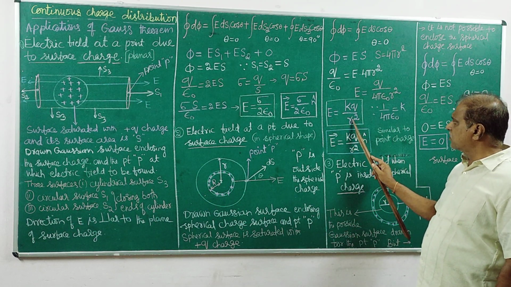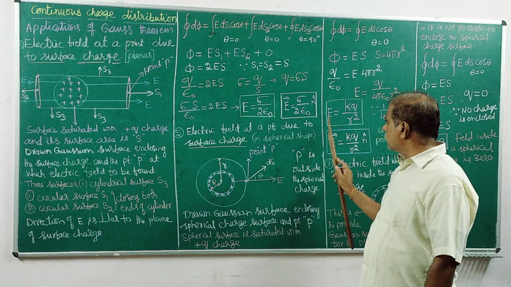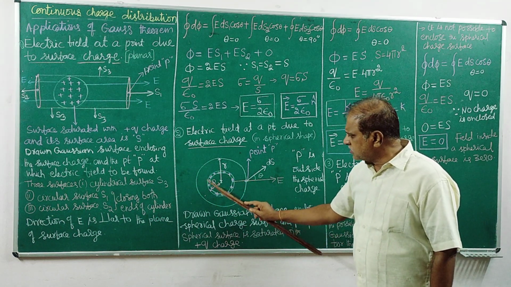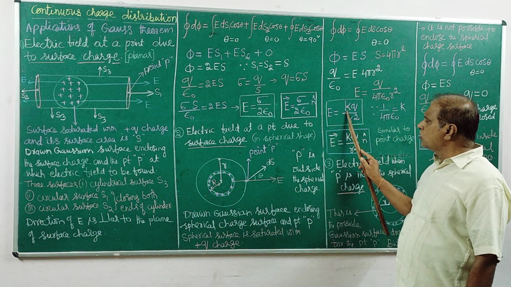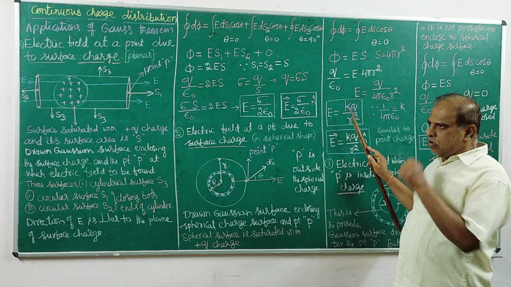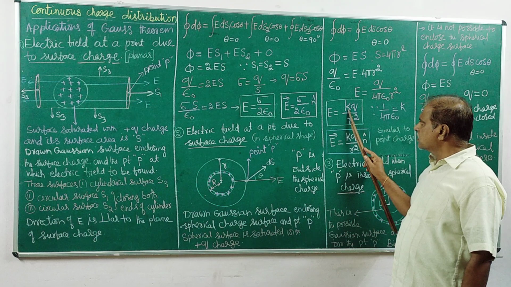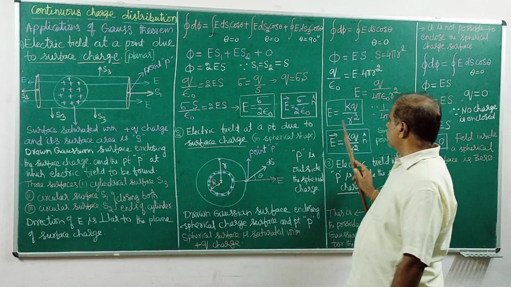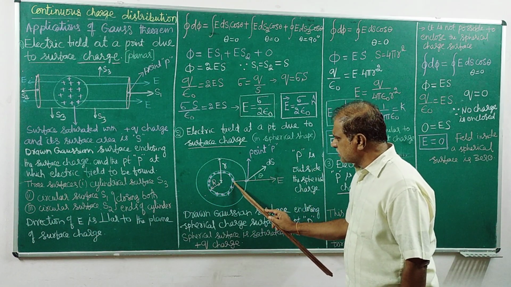So look at this final equation. What is the electric field at this point due to the entire set of charge in a spherical shape? It is equal to k Q divided by r squared: Coulomb's constant times the amount of charge present there, divided by r squared, where r is the distance between the center of the sphere of charge and the point.